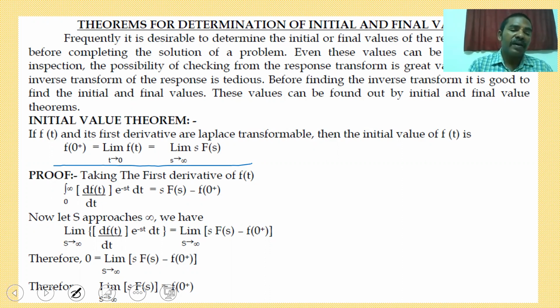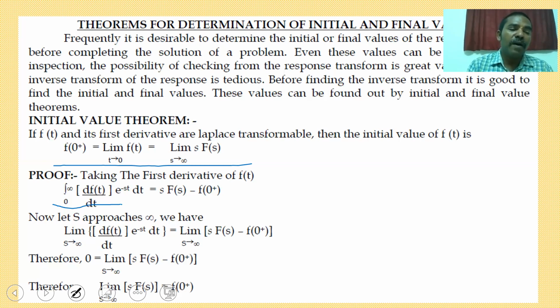Okay, to understand this, I am going for the first derivative of f of t. So integral 0 to infinity df(t) by dt e power minus st dt is equal to s into F of s minus f of 0 plus. So we have taken it in terms of the Laplace transform.